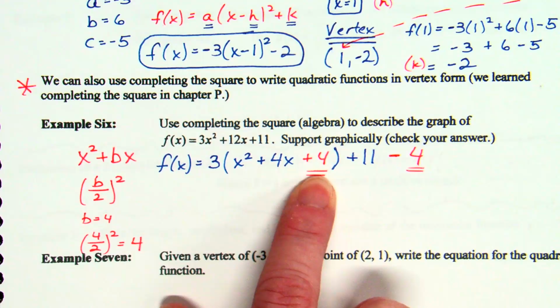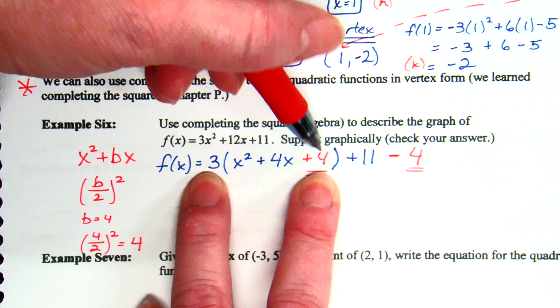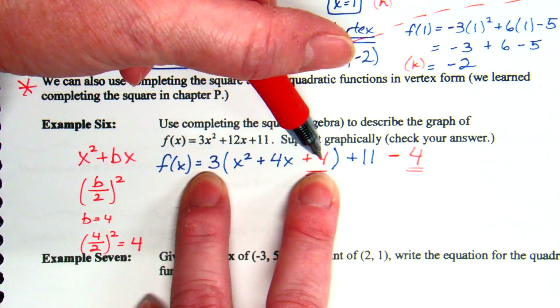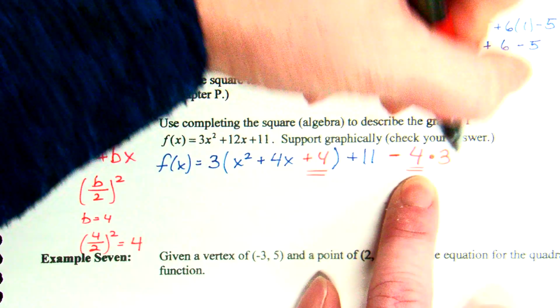This 4 that I added in the parentheses is in the parentheses that are multiplied by 3. So when I add 4 here, I'm really adding a value of 3 times 4, which is 12. Which means over here, when I subtract the 4, I need to subtract the equivalent value of 4 times 3, which is 12.